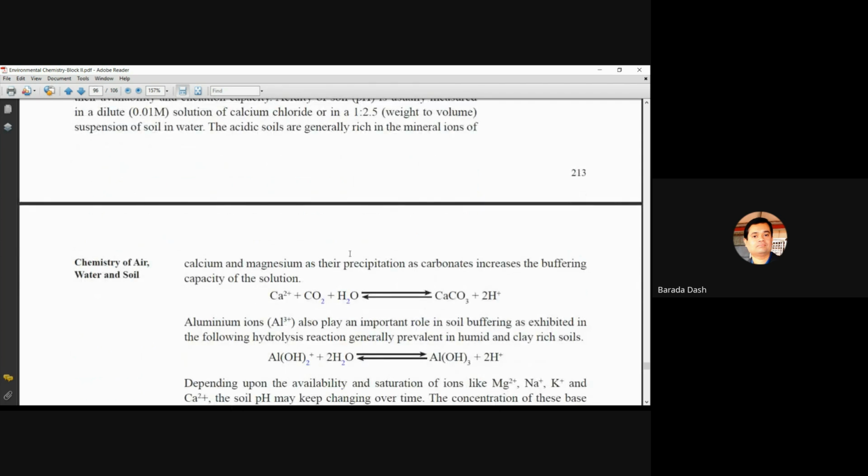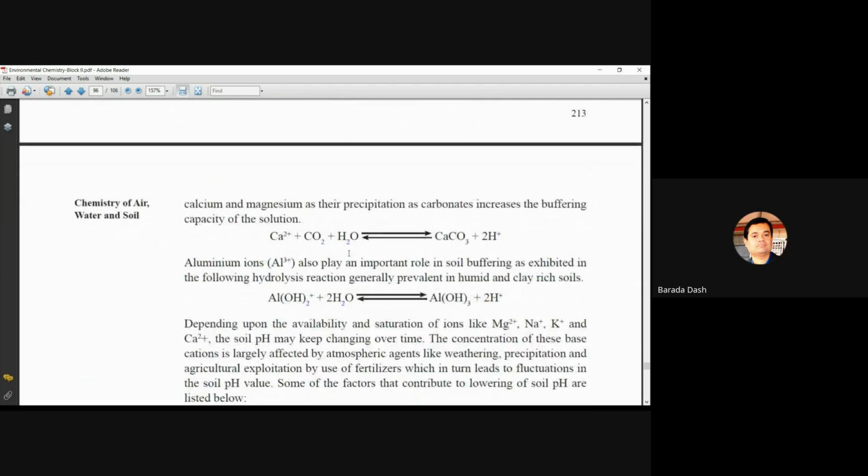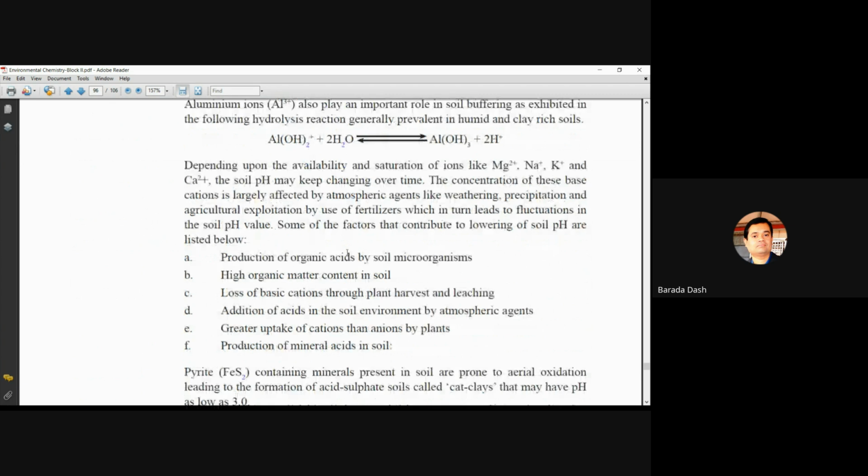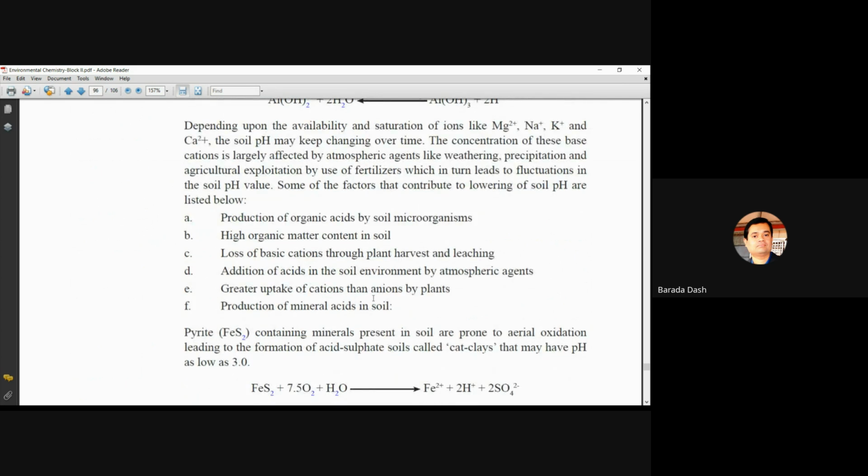So acidic soils are generally rich in mineral ions. Some factors that contribute to lowering the soil pH are listed below. Production of organic acids by soil microorganisms, high organic matter content in the soil, loss of basic cations through plant harvest and leaching, addition of acids in the soil environment by atmospheric agents, greater uptake of cations than anions by plants, and production of mineral acid in soil.